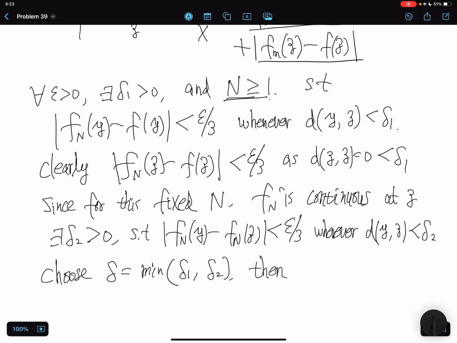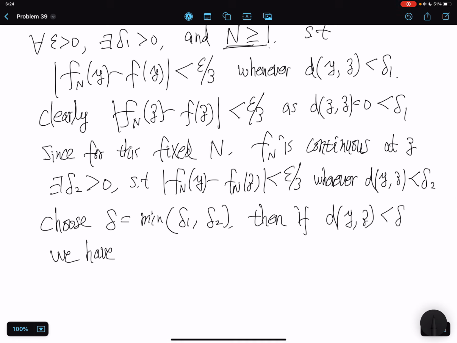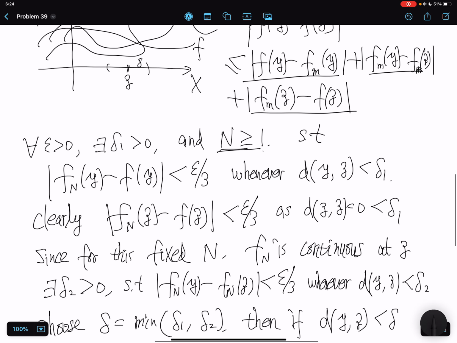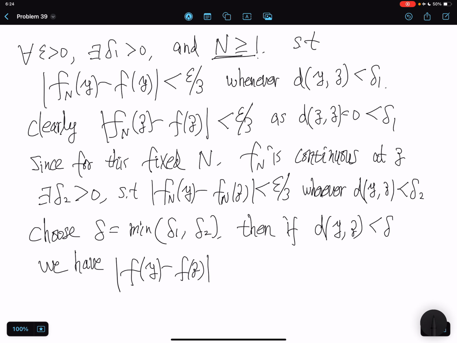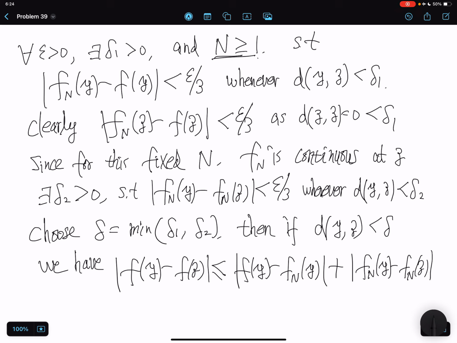And then for this delta, if the metric of y and z is less than delta, we have the absolute value of f of y minus f of z, and by the triangle inequality, now we replace m with our fixed capital N. This is less than or equal to the absolute value of f of y minus f sub n of y, plus f sub n of y minus f sub n of z, and then plus f sub n of z minus f of z.